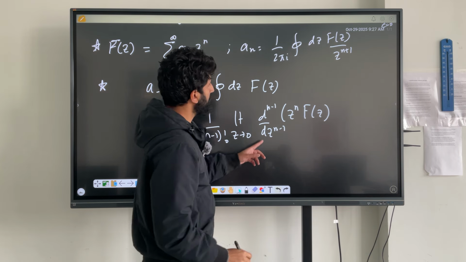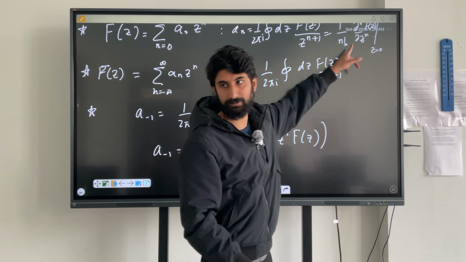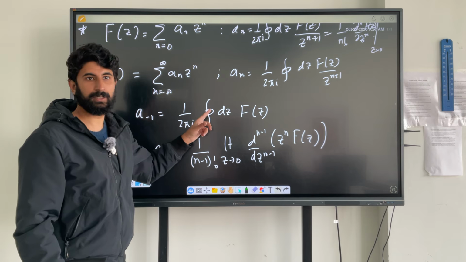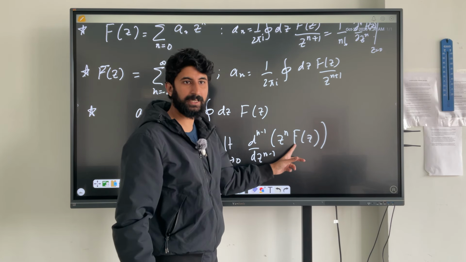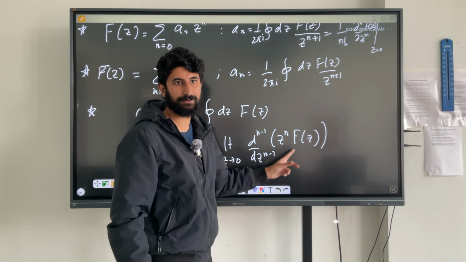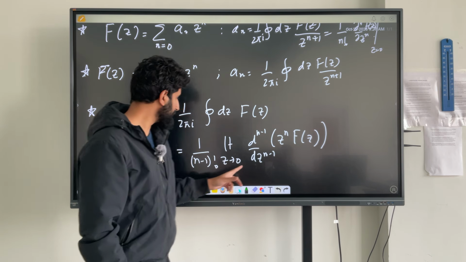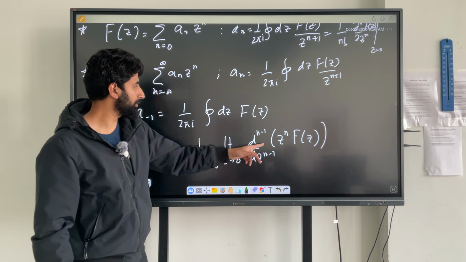we used this formula, but we needed to make the function analytic first. Since it had a pole of finite order, I multiplied with z to the power n. Finite order means the maximum negative power that will come in f of z is 1 by z to the power n. That will be cancelled by this, and that's exactly why we need to take this limit. And for a simple pole you don't need to take the derivative.